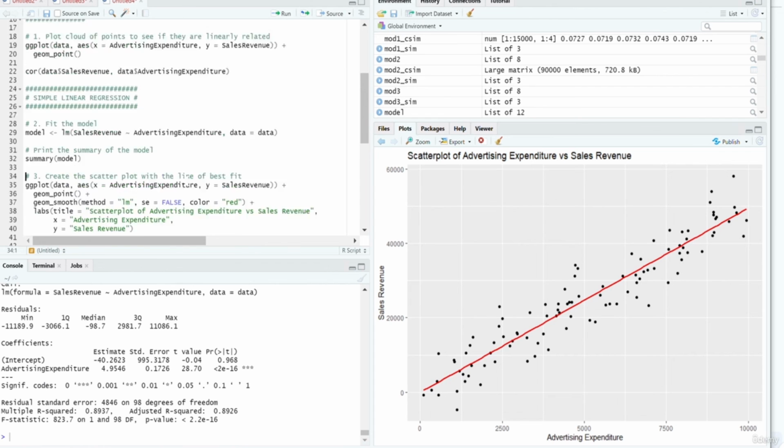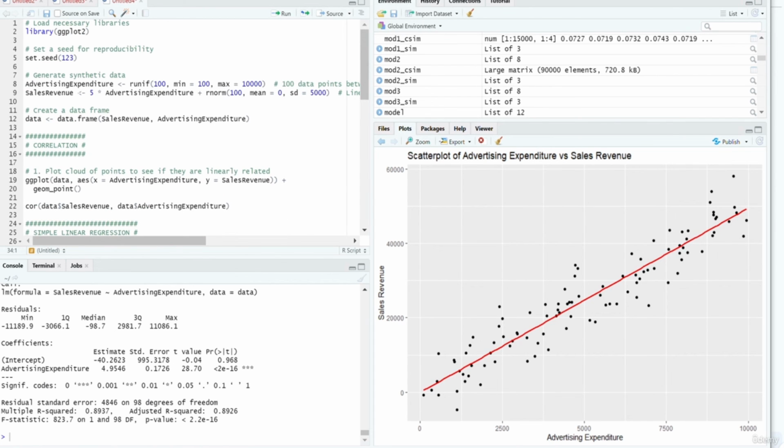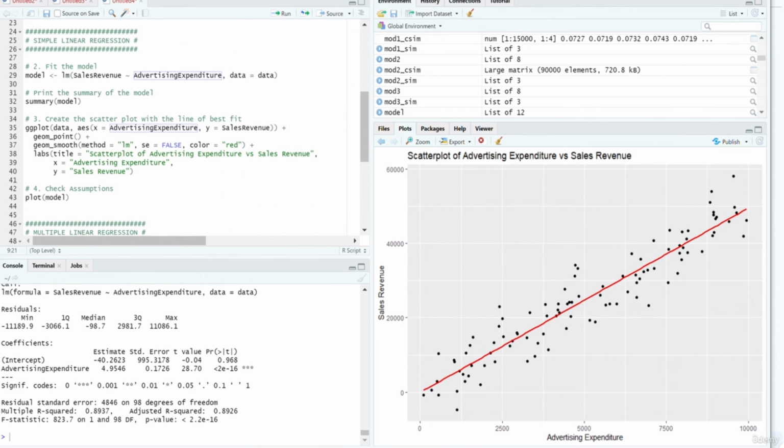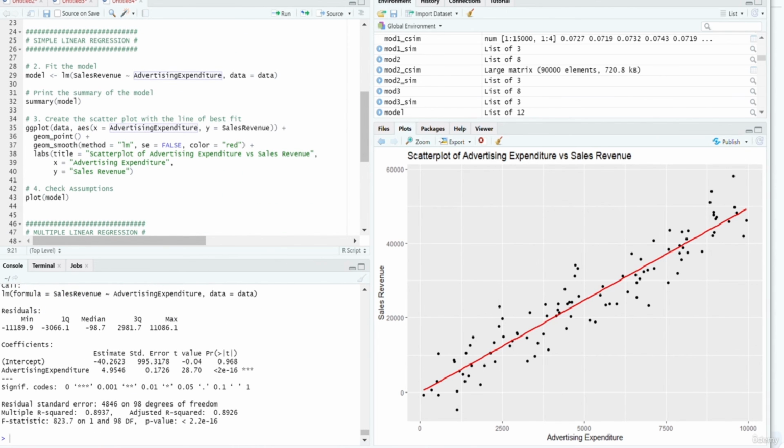If you remember, we made sales revenue a function of advertising expenditure, where each sales revenue point is 5 times whatever the advertising expenditure was at that point, plus some random noise. As you can see, we printed out a summary of the model, and it gives you your formula.